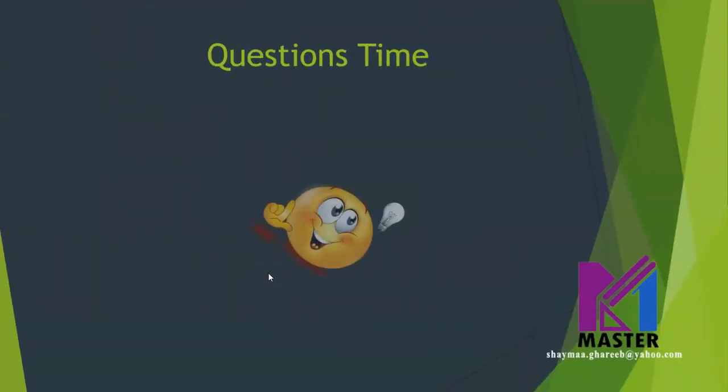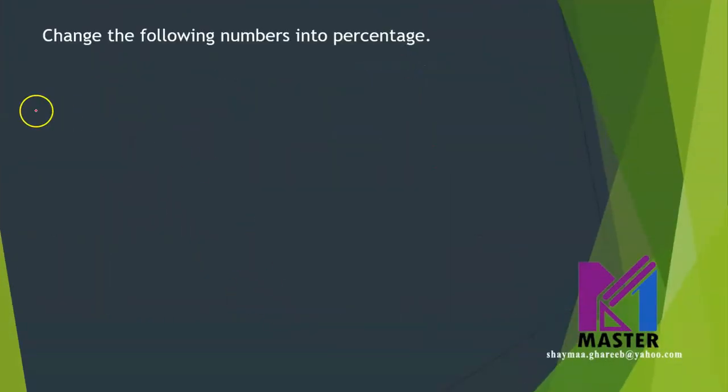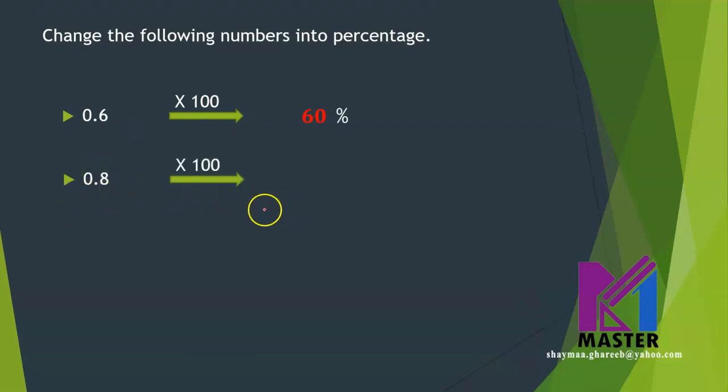Now, let's practice some questions. Change the following numbers into percentage. I have 0.6. What do you think? What did we say? Multiply it by 100. So it will give me 60%. 0.8 times 100 will give me 80%. 0.9 times 100 will be 90%.